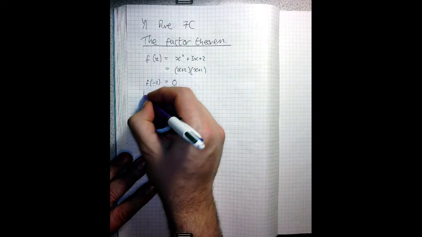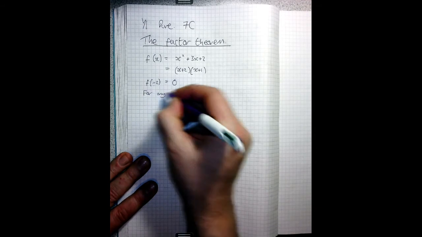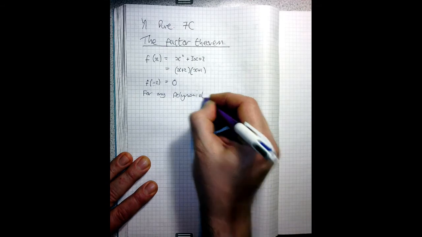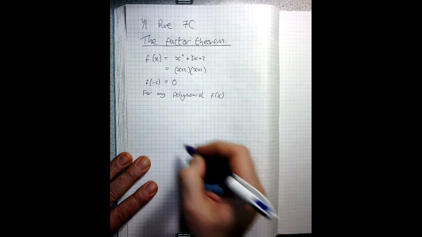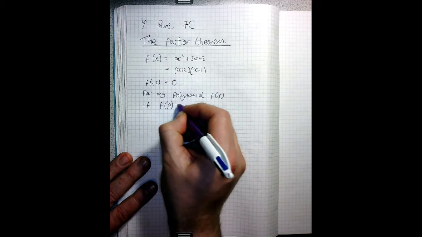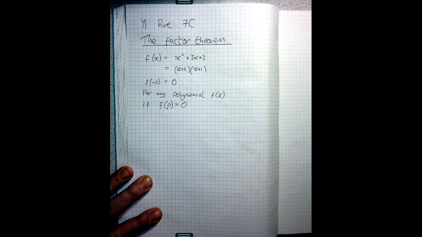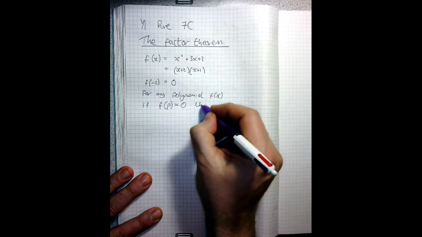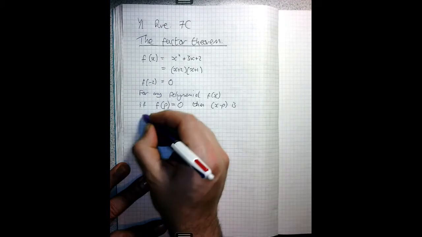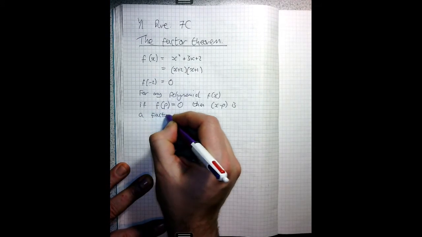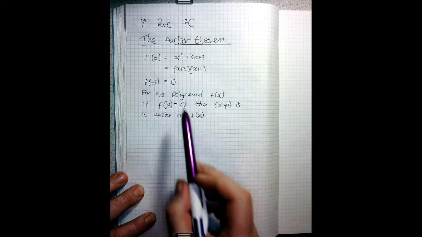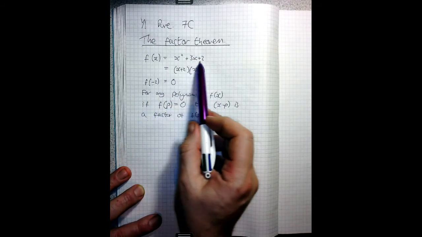So for any polynomial f of x, if I have a number p that I sub in and I get a value of 0, then x minus p is a factor of f of x.